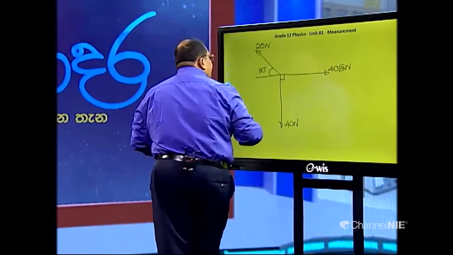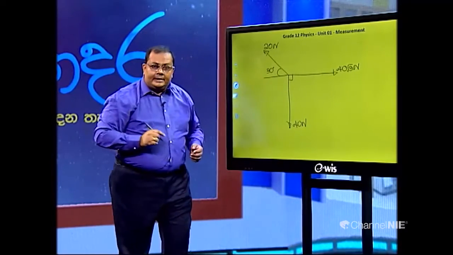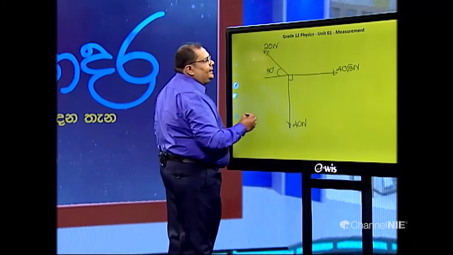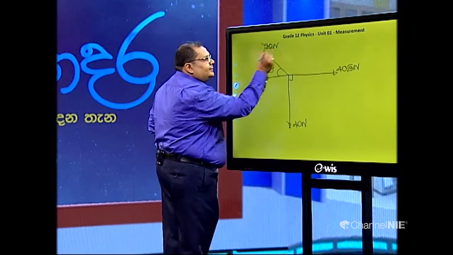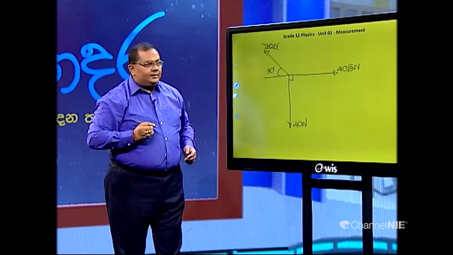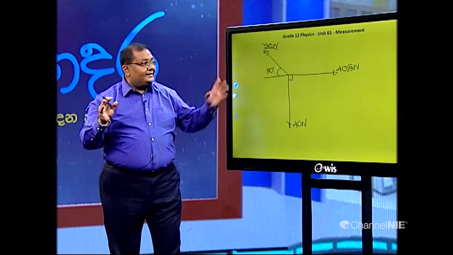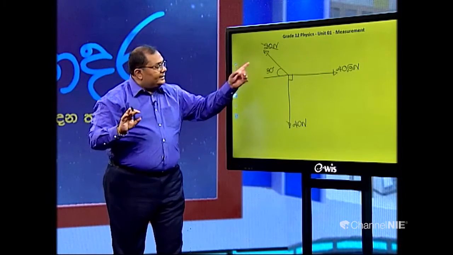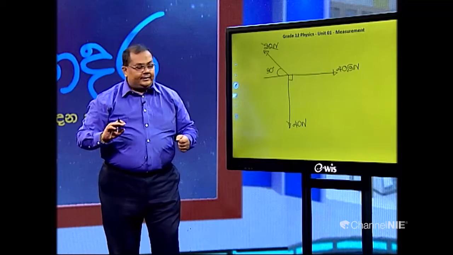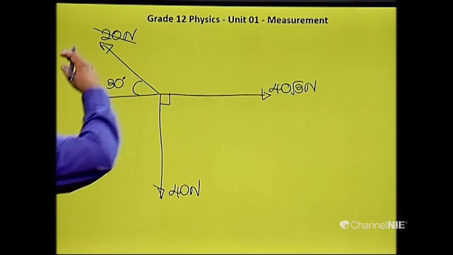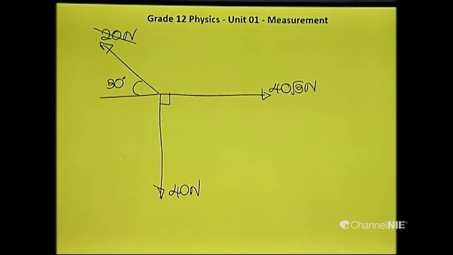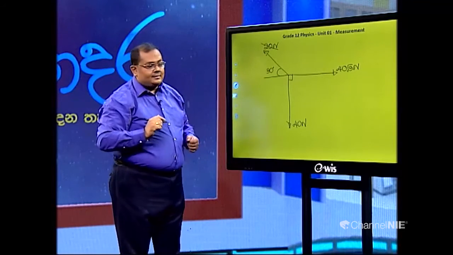Instead of this 20 Newton vector, you can't keep it here again after resolving, because after it was resolved, it's not there. I am going to take components of this vector. What are the components? In the direction of the angle, I told you, cos.